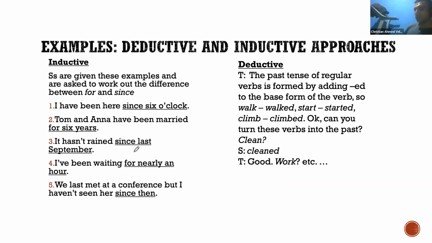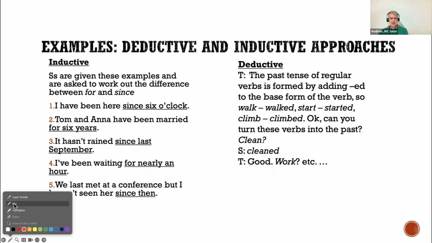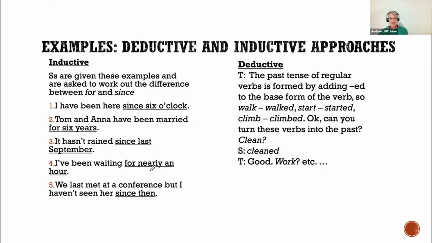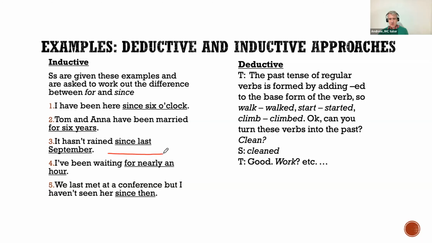Since, when we want to say a specific time. Yeah, it is. It's like a point in time, isn't it? Yeah. So if you consider time as like a line from past to present to future, since is like a point on the line, right?